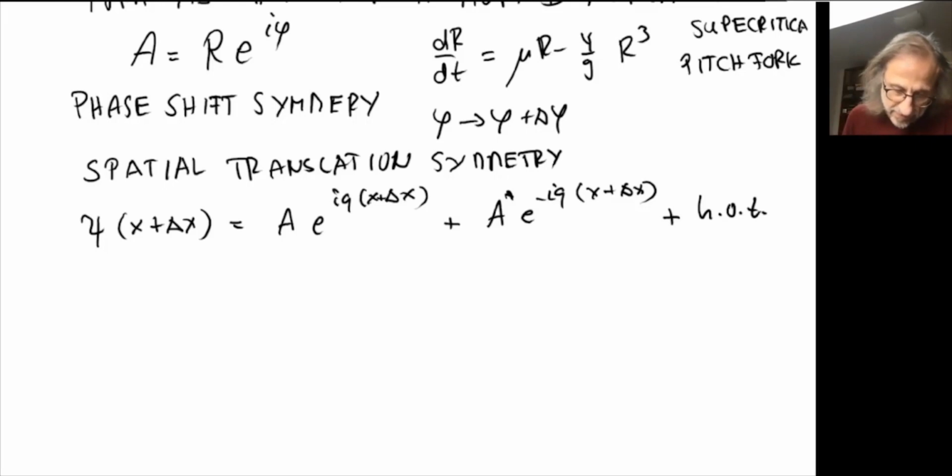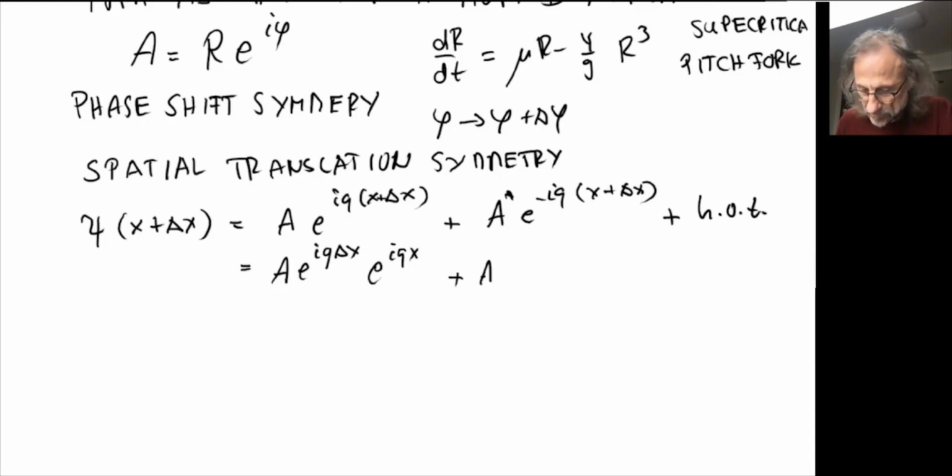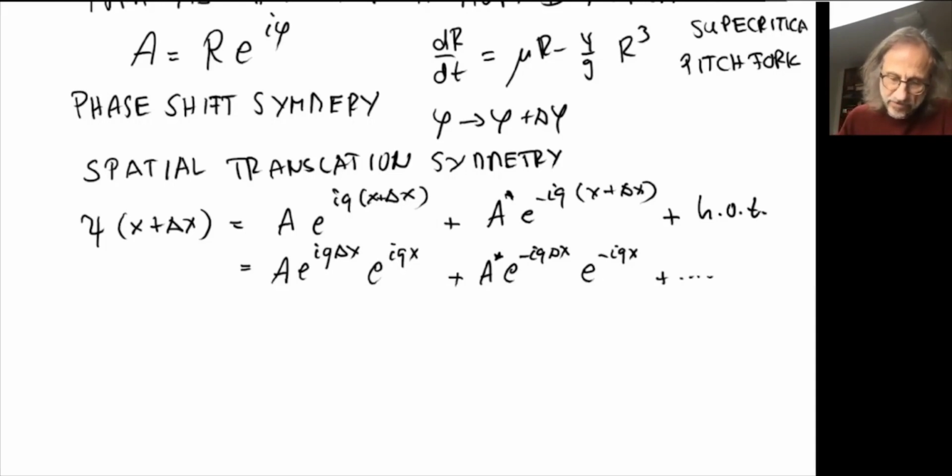But we see that if we make that shift delta x, it is the same as applying a phase shift to the amplitude A. So that's just like when we did a time translation in the Hopf bifurcation case. So therefore, since the original equation is equivariant under these shifts in space, the amplitude equation has to be equivariant under phase shifts of this form.